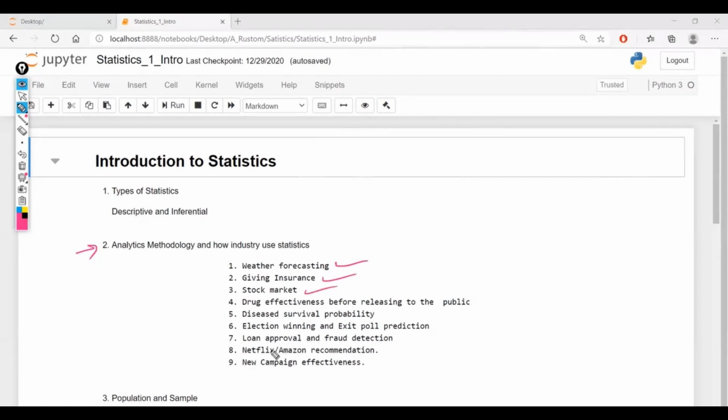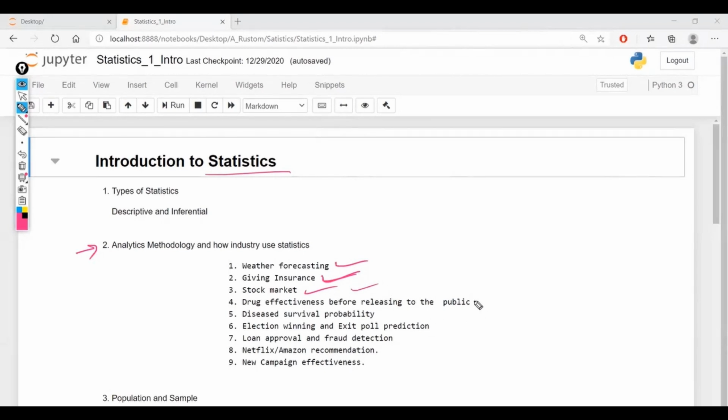In all these use cases, statistics is working behind the scenes. Weather forecasting has different criteria to forecast the weather. Insurance also, they will study past data, like who has paid the premium and things like that. So these are the use cases, I would say.